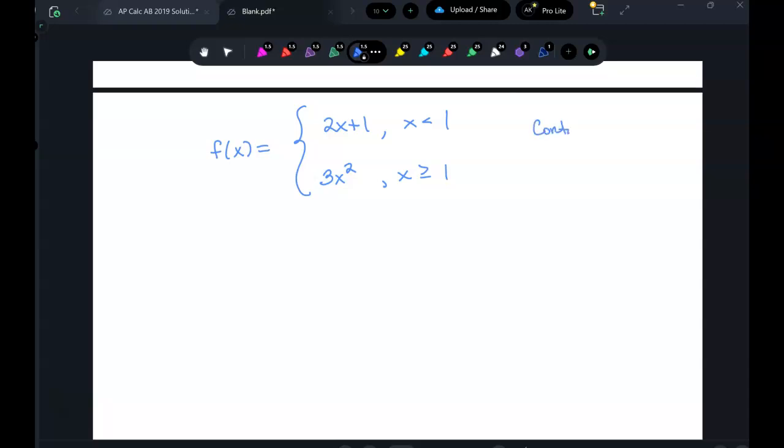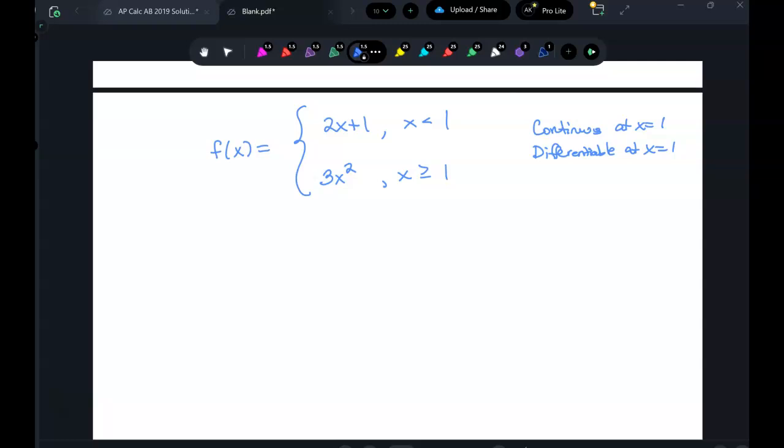Is this continuous at x equals 1, differentiable at x equals 1? What do you think? Or none, or is it differentiable but not continuous? It's continuous, because they both equal 3.